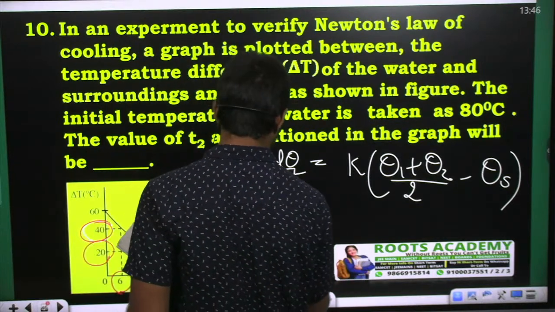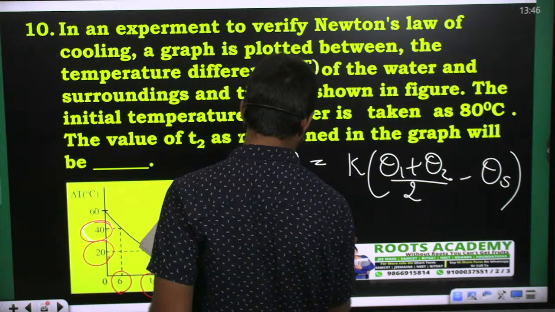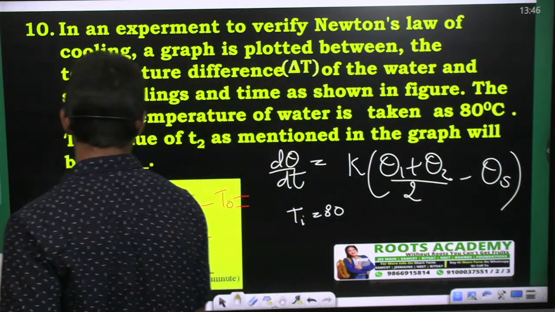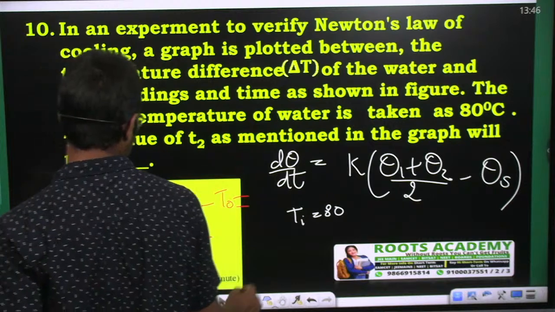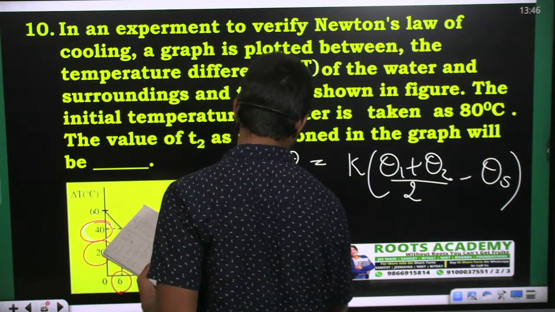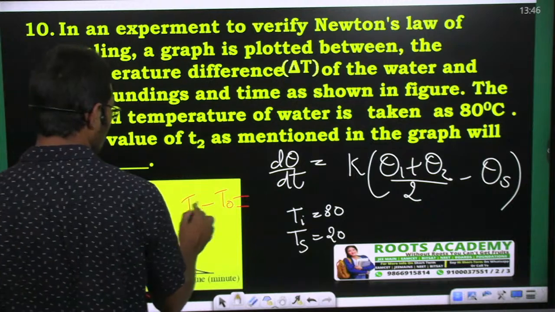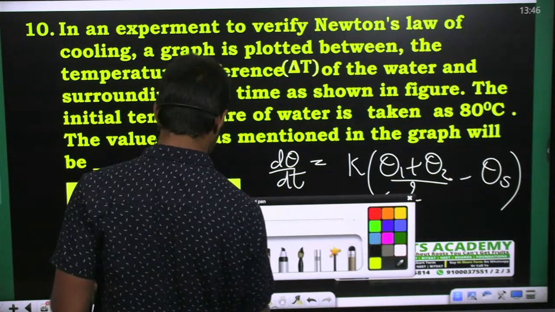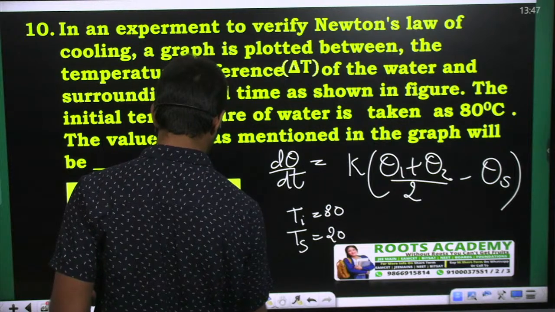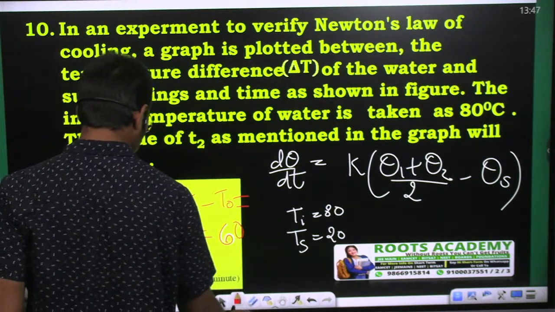Initial temperature of water is 80, and the difference with the surroundings is 60, which means the temperature of surroundings is 20, right? 80 minus 20 is 60. So Ti minus T naught will be 60.